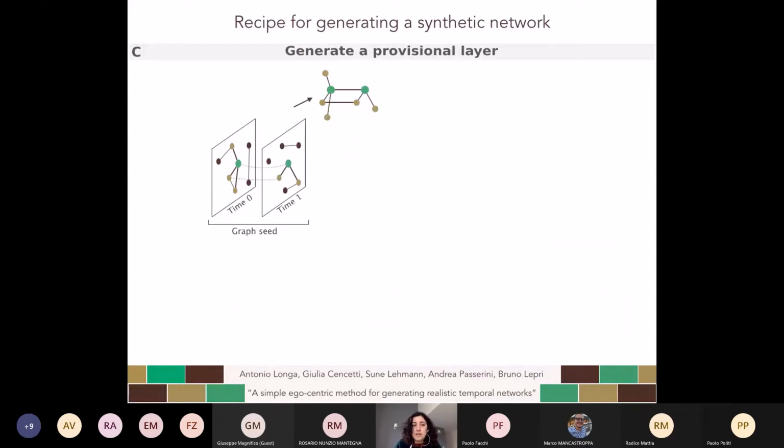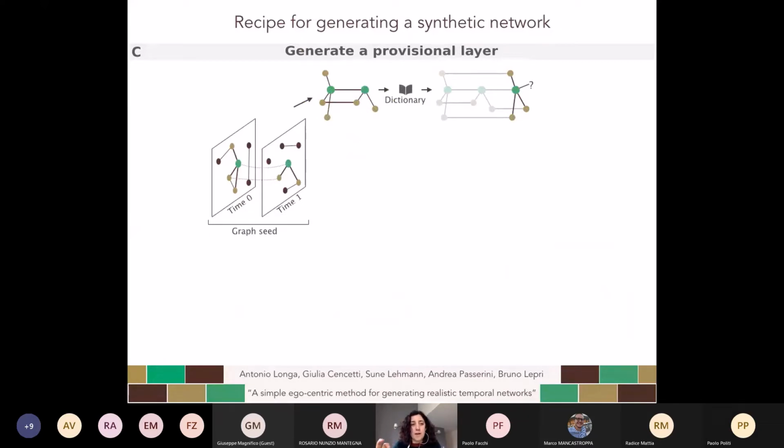So now let's suppose we have these 2 layers. We consider one node, and for this node we extract from this temporal network its egocentric temporal neighborhood.